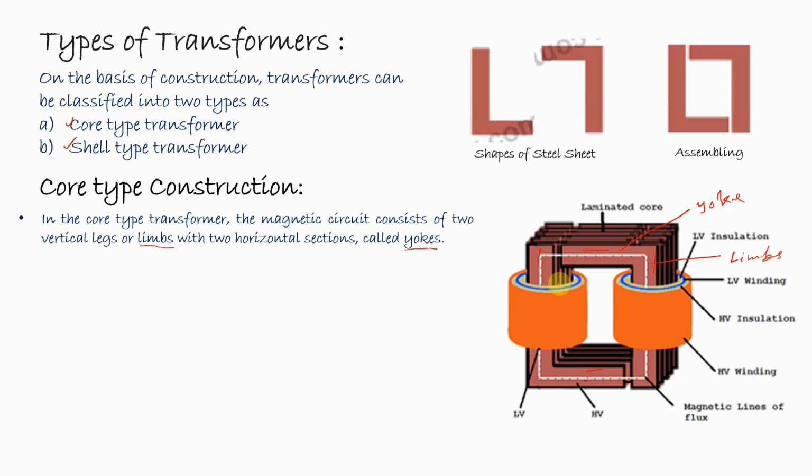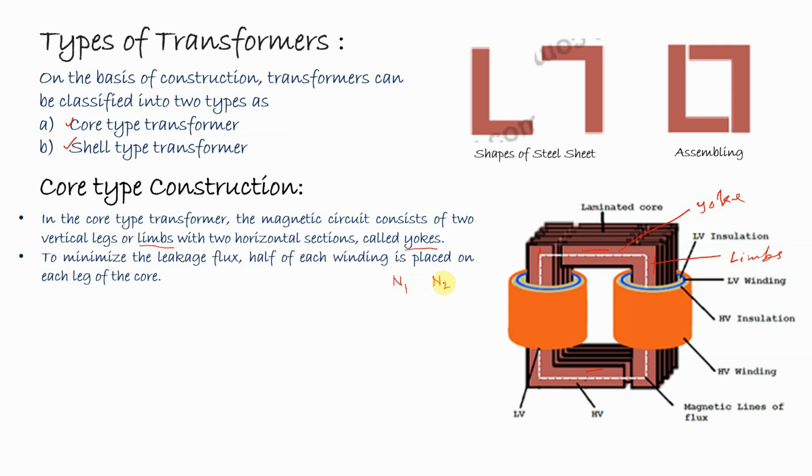Here the windings are placed on two sides of the limb. How are these windings placed? To minimize the leakage flux, half of each winding is placed on each leg of the core. Let's say the total number of primary or low voltage winding turns is N1 and the total number of high voltage winding turns is N2.